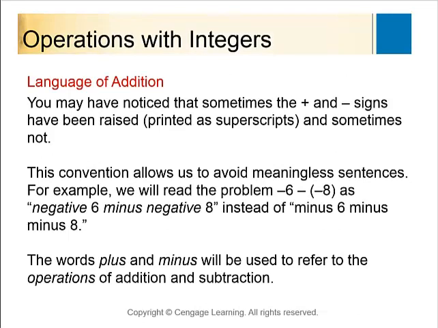Something that gets confusing for students when they're first learning to work with integers is that they wonder why the plus and minus signs are sometimes written up high as in a superscript, and this is supposed to be to avoid confusion, but sometimes it makes things more confusing for students. So when they see a plus 6 plus a negative 7, they wonder why it's written up high.